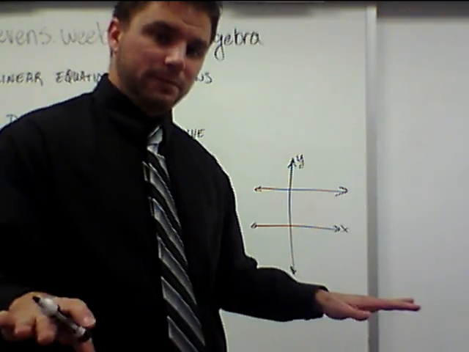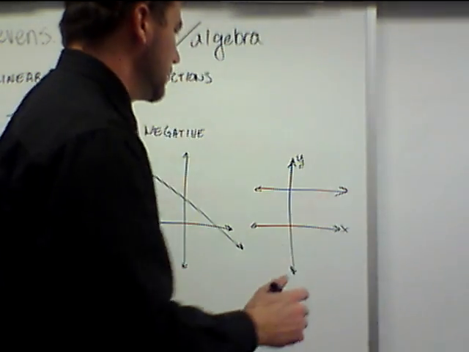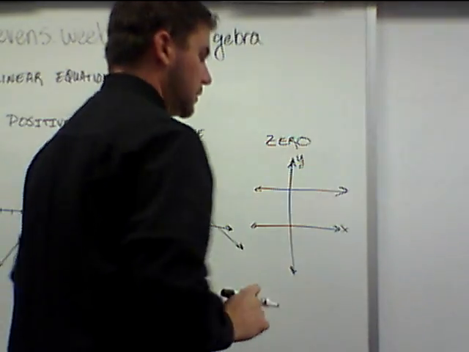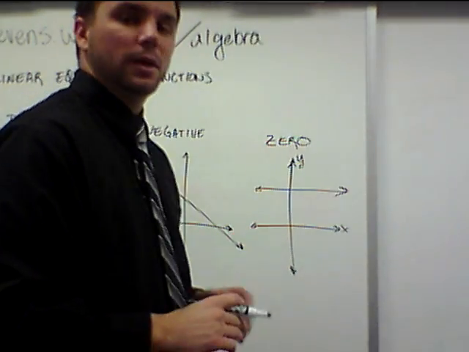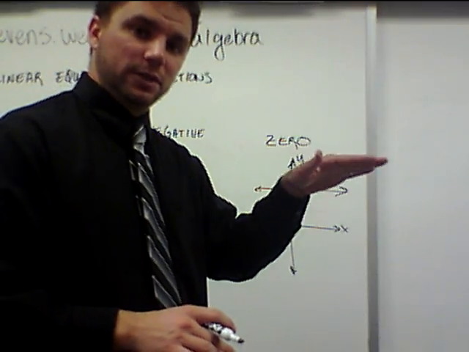It's nice and flat. There's no difficulty in grade. There's no difficulty in slope. We call this a zero slope. We'll get more into this when we get into slope. However, it is important to know that a nice horizontal line is going to have a zero slope.